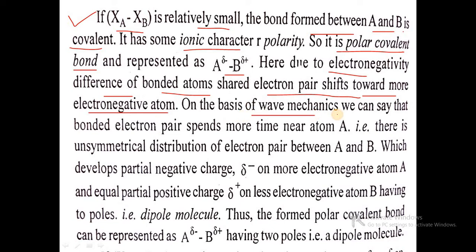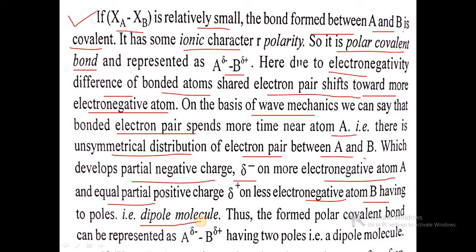On the basis of wave mechanics, we can say that the bonded electron pair spends more time near atom A, that is, there is an unsymmetrical distribution of the electron pair between A and B, which develops a partial negative charge delta minus on the more electronegative atom A and a partial positive charge delta plus on the less electronegative atom B, and this is a dipole molecule.